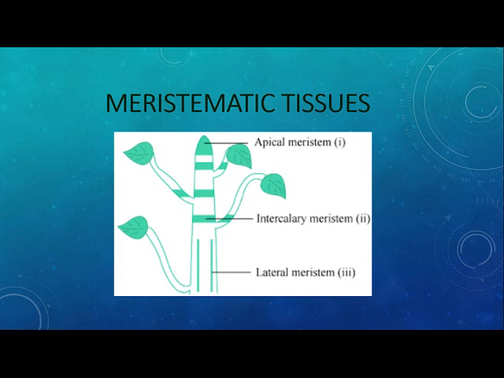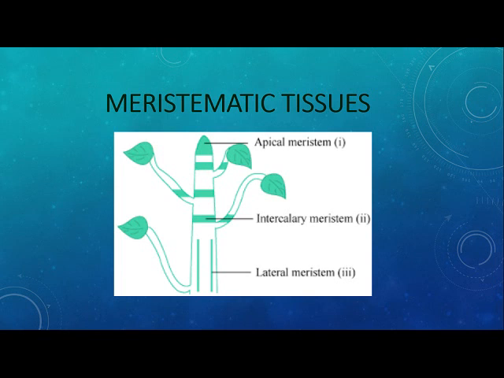Apical meristematic tissue is present in two places: at the root tip and the shoot tip. Root tip means at the tip of the roots, and shoot tip means at the top of all stems, branches, everything. Apical meristematic tissue is responsible for increase in the length of the plant.